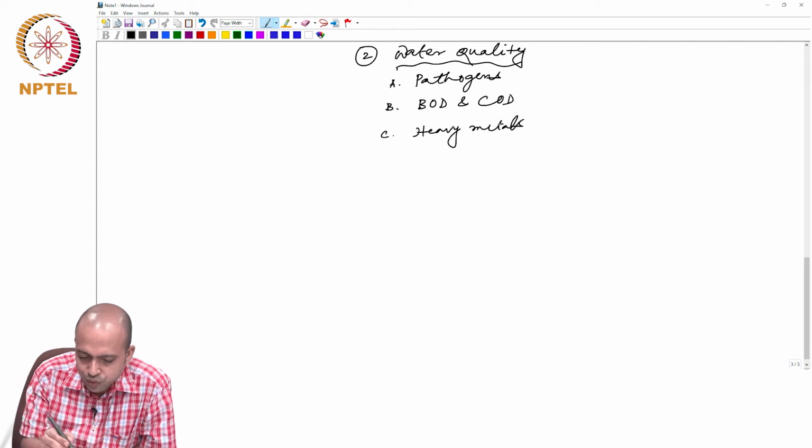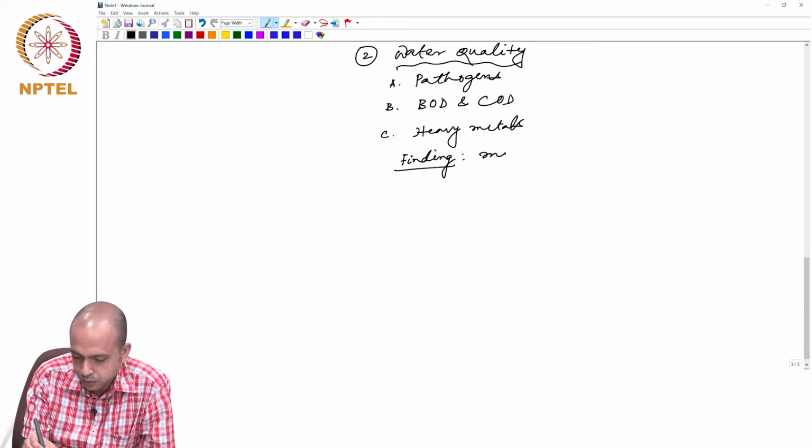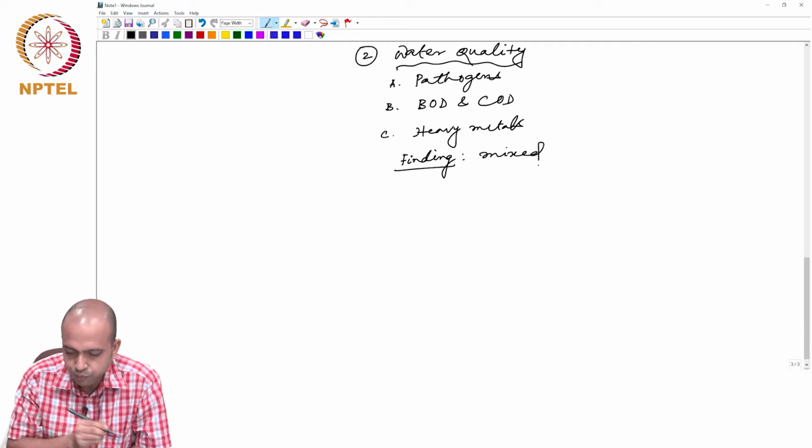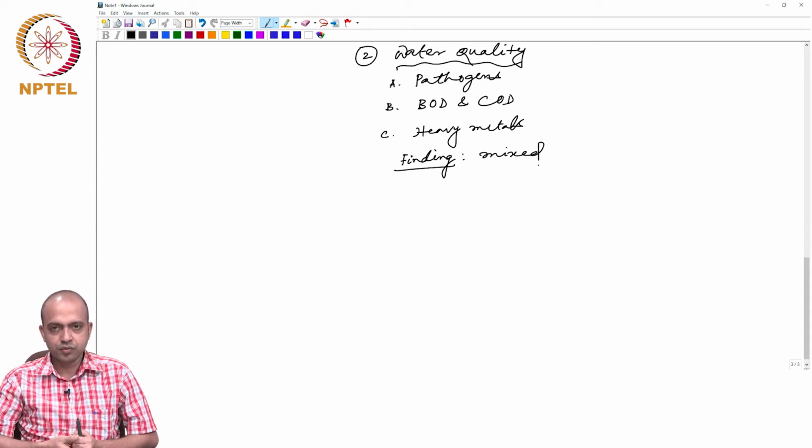And for these water quality indicators, the finding is mixed. That means, for some of these indicators empirical literature supports EKC type of relationship, for some of the indicators they do not support EKC, and in some cases the relationship is even U-shaped. Okay?